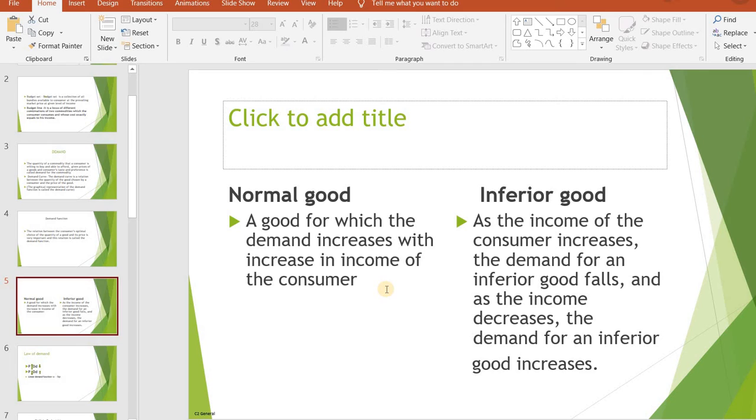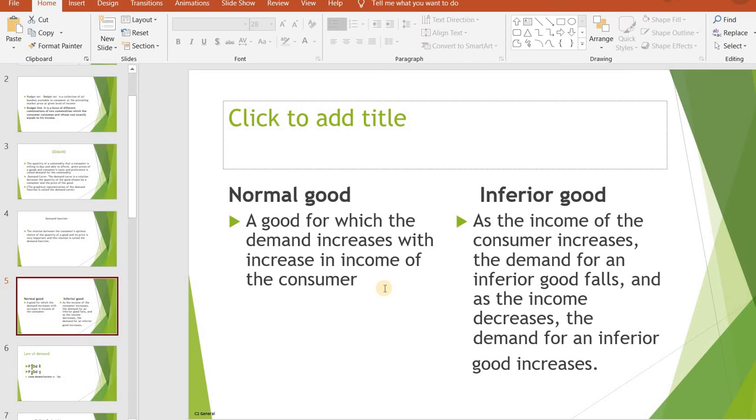See, when their income decreases, the demand for inferior goods also will decrease. Means some cereals like ragi, some cereals or ration items. When the income is more, people will not buy such goods.